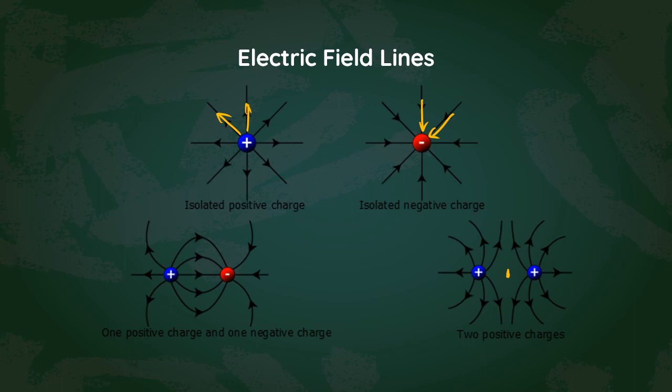So this is how you illustrate electric field lines for an isolated positive charge, an isolated negative, opposite signs, and like charged particles. If this is negative, then your field lines will just be converging towards the particle.